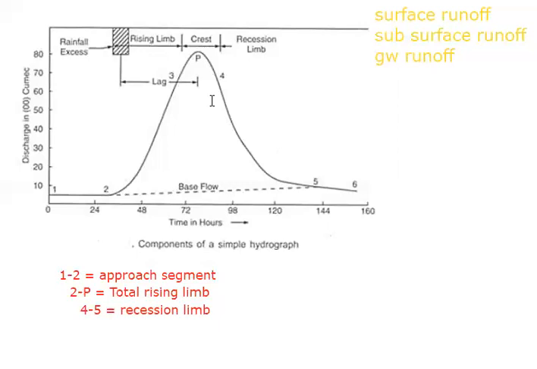This falling limb or recession limb extends from the point of inflection at the end of the crest segment to the commencement of the natural groundwater flow, or the base flow.